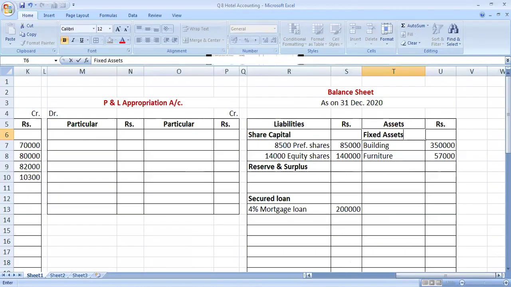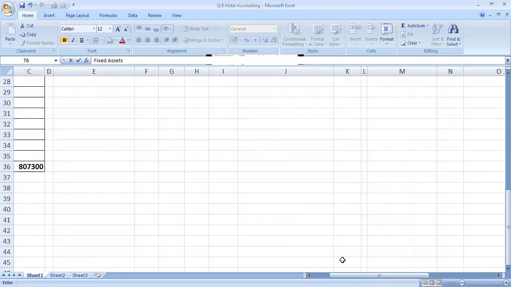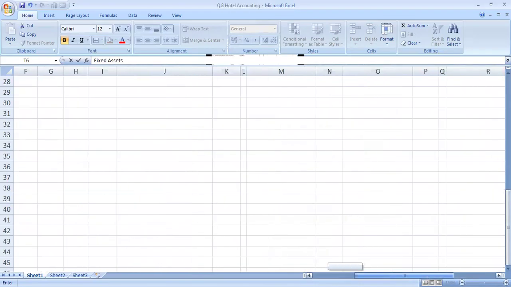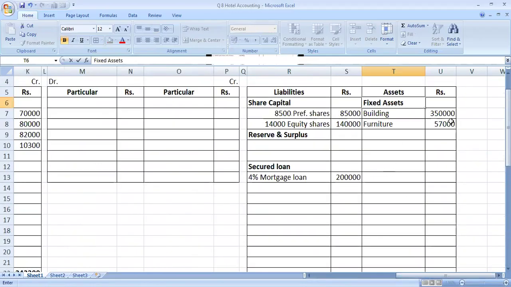A depreciation adjustment is given on furniture, hence the furniture amount should be in the inner column.